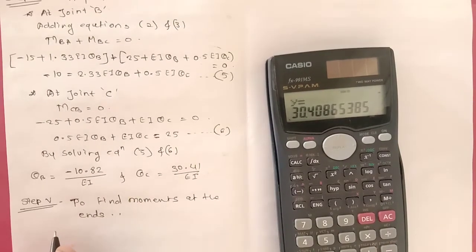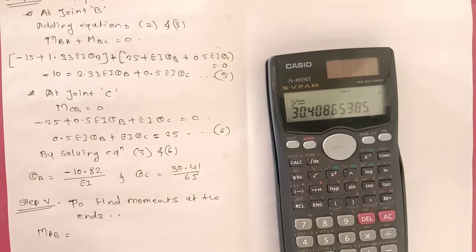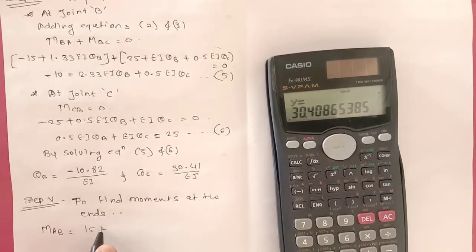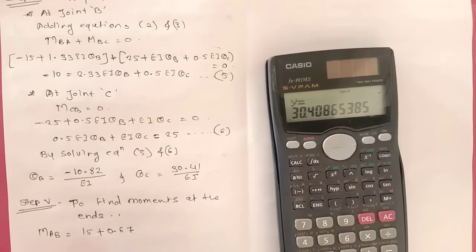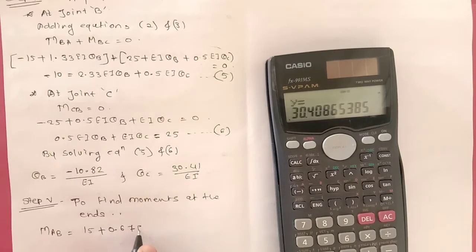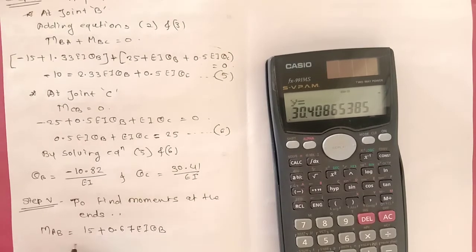First equation is for member AB. The first equation is 15 plus 0.67 EI theta B. Okay, so put the theta B value in this equation.